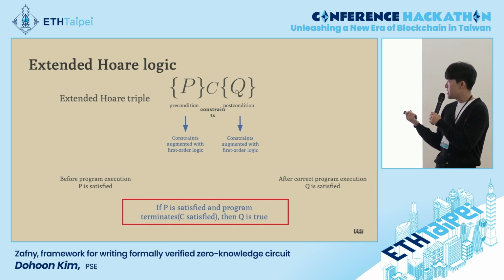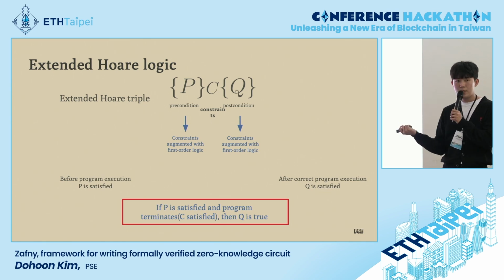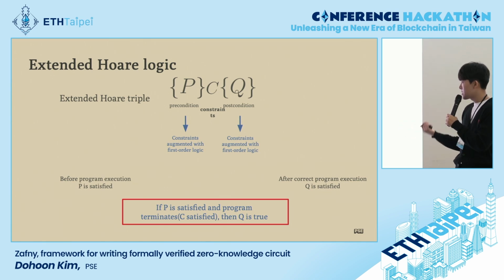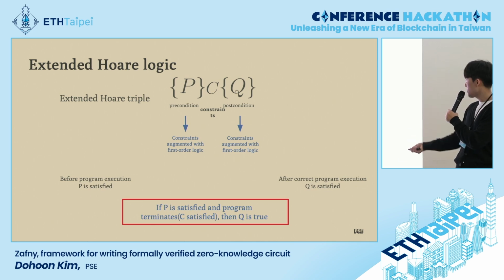What they state is that before program execution, this P is satisfied, and after the correct program execution, this Q should be satisfied. Collectively, they say that if constraints P are satisfied and the program terminates, meaning C is now satisfied, then it should induce that Q is true.